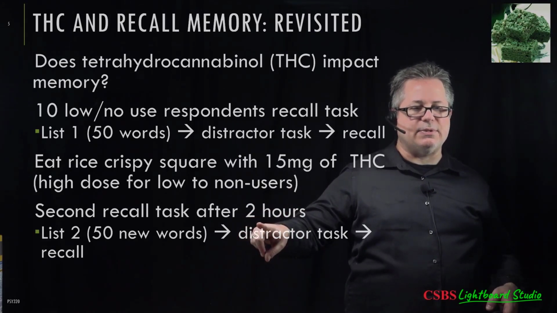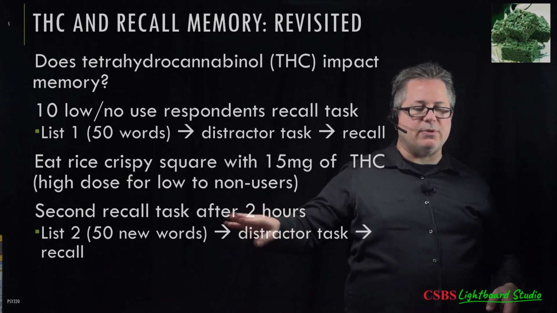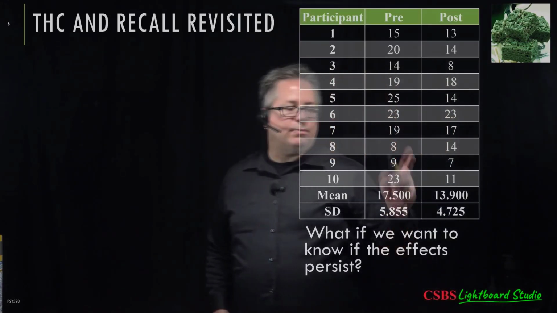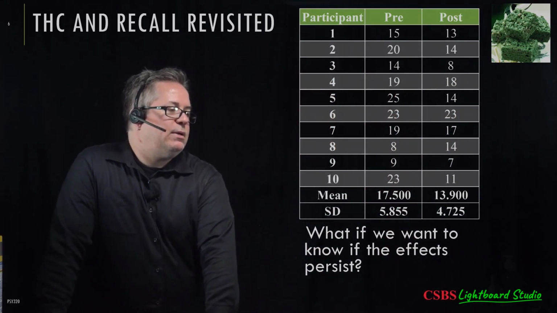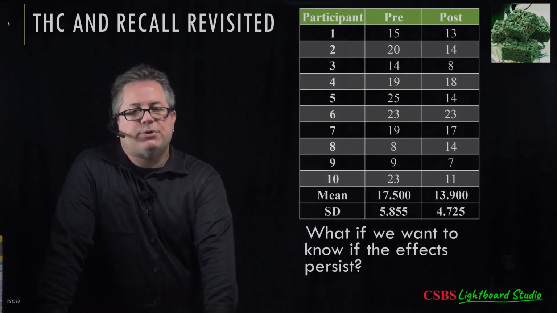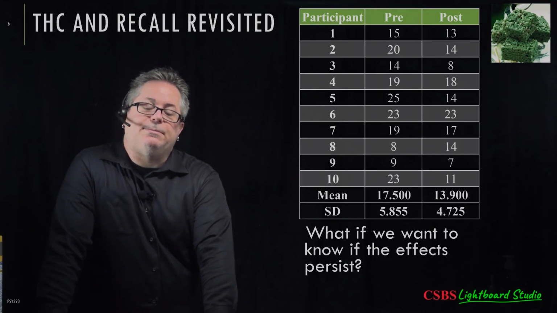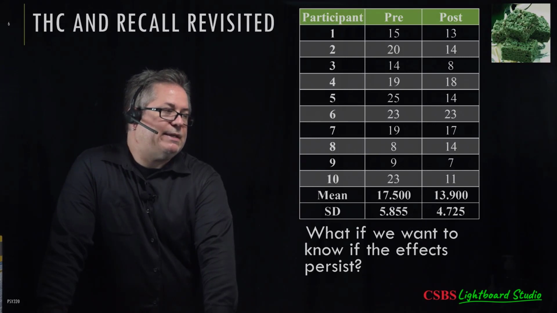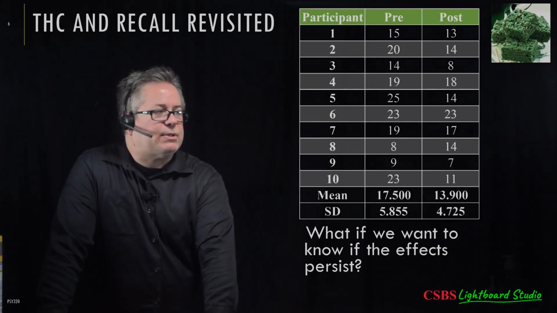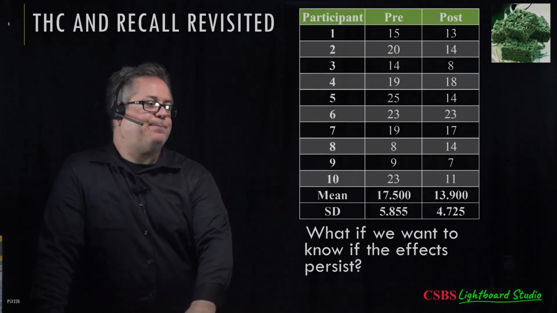The THC's got to get in their system. So there was 2 hours in between. So the no THC group, they ate the Rice Krispies treats, and then they were to take a recall task again at post, and there was a 2-hour window in between the two of them. Okay.